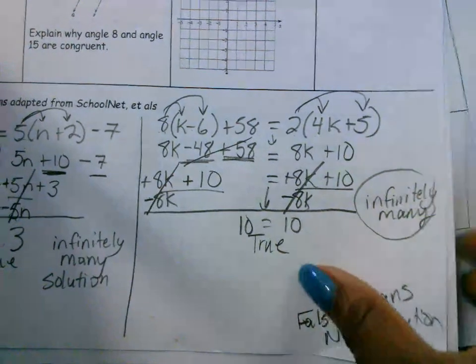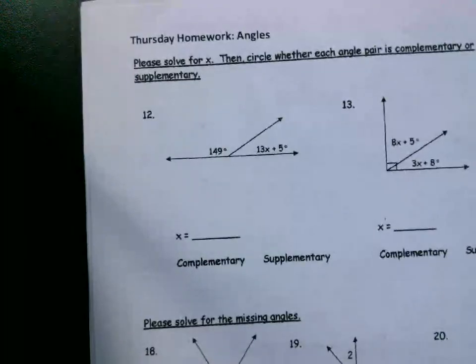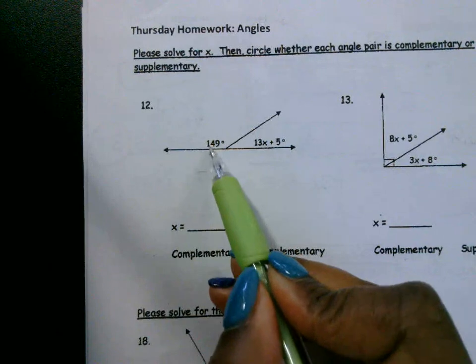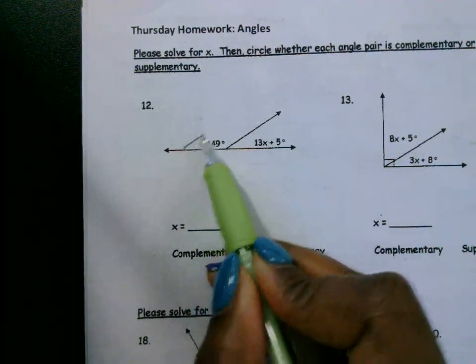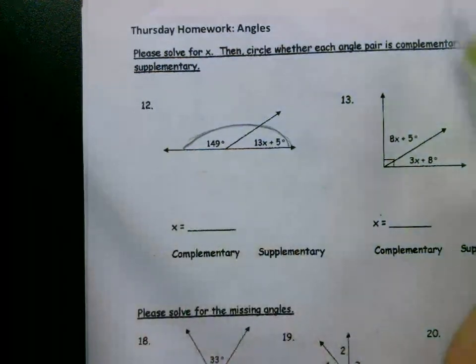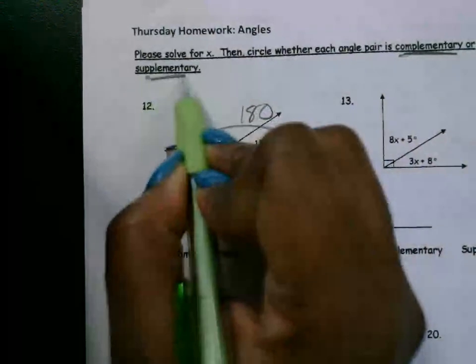All right, turn to the back of your packet, your homework. Thursday's homework. What's the relationship between these two angles? They add up to 180. So is it complementary or supplementary?